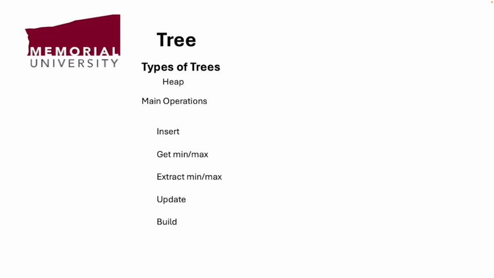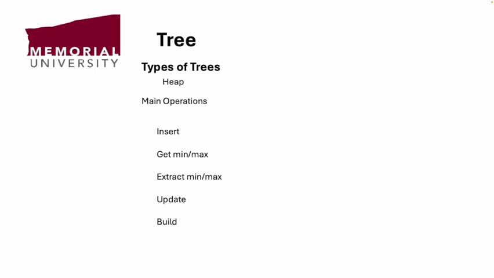Extract maximum or minimum, which means the maximum will be released from this tree. And then update the value, right? In this tree, we want to make an update. And then we want to build: given an unsorted sequence, we want to build the heap.